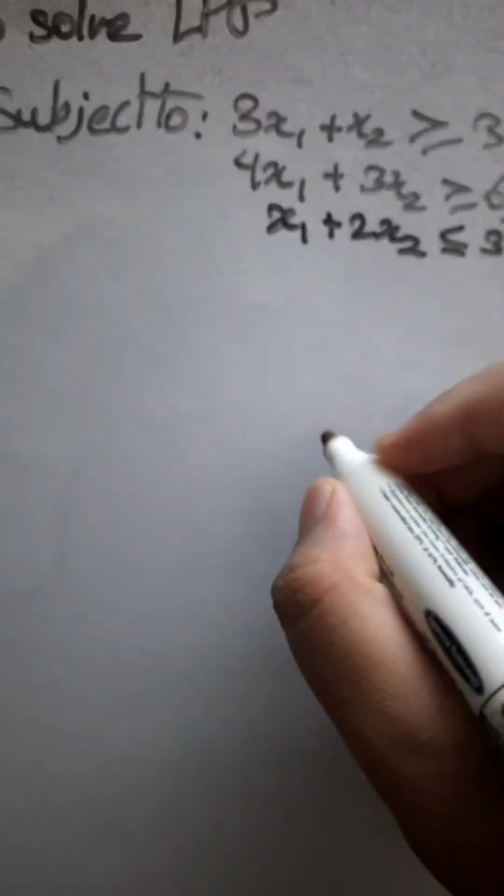The more negative the number, the smaller it is, while it is the reverse in positive numbers. So it is totally opposite. Okay, so let's do this first.